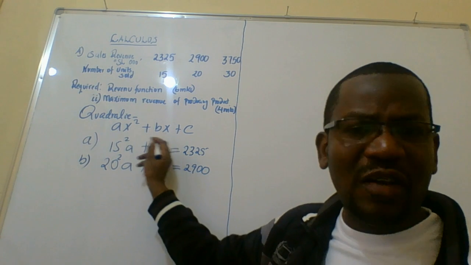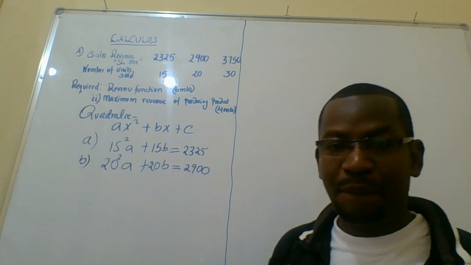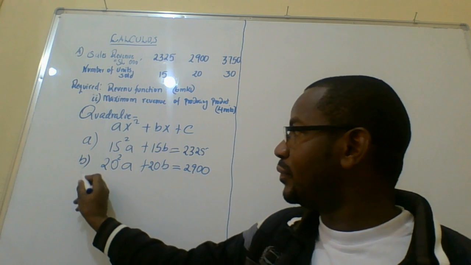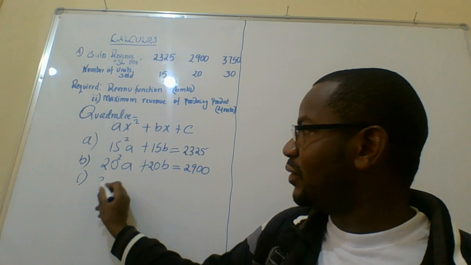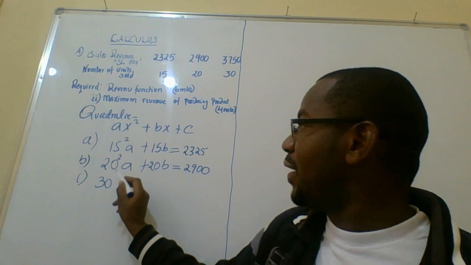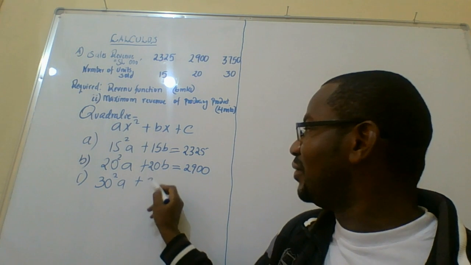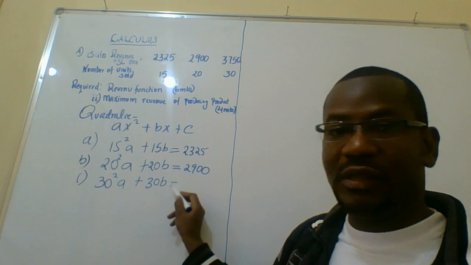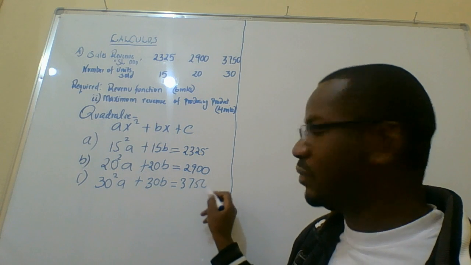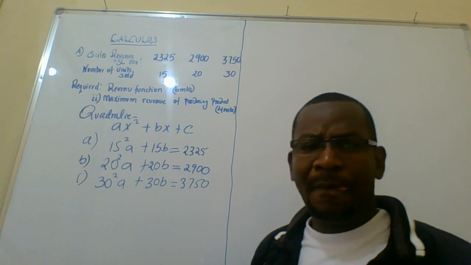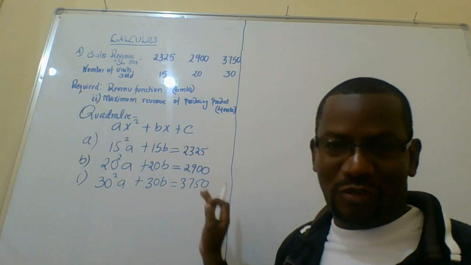Based on our quadratic equation, for C, I'll use 30. So 30 squared A plus 30B is equal to 3750. So I have formulated these three equations.